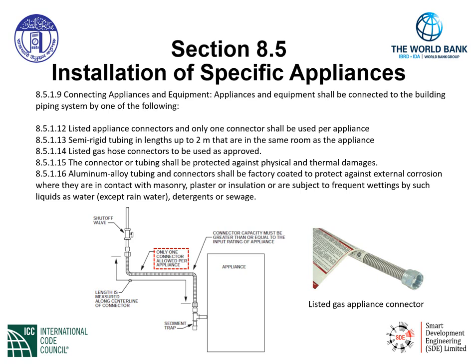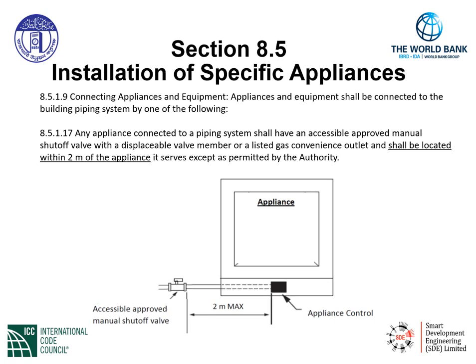However, detergents or sewage also have a corrosive influence on aluminum alloy tubing. So point 16 gives us some specific requirements based upon the aluminum alloy tubing when you connect appliances as such, and it must be followed in accordance with that code section.